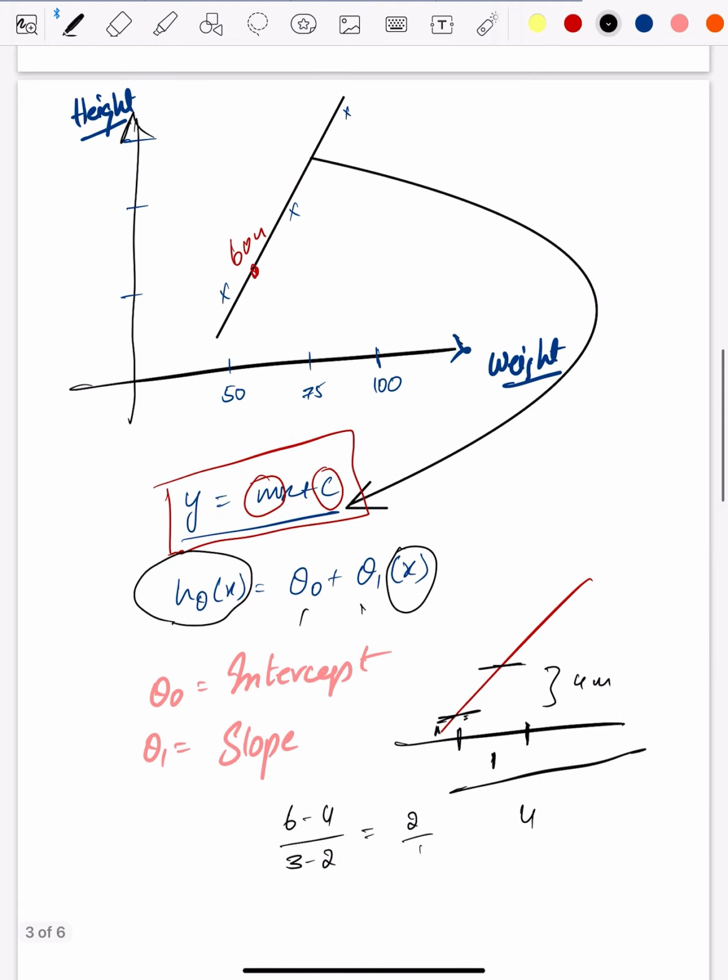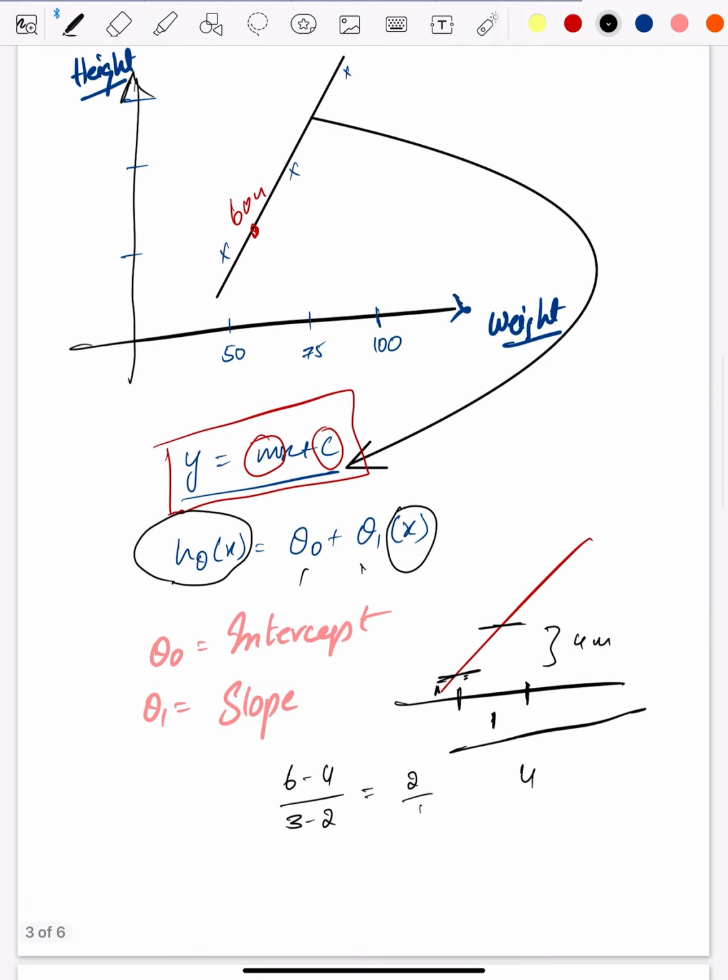Now our task is to see. Oh, sorry, I forgot to explain the intercept. Another terminology I can use is independent variable, in the sense that it is not dependent on anything.